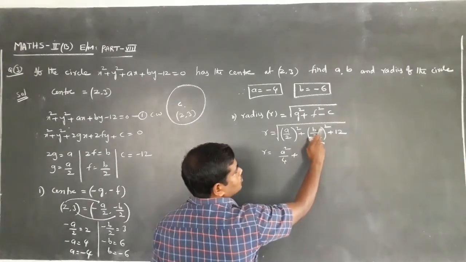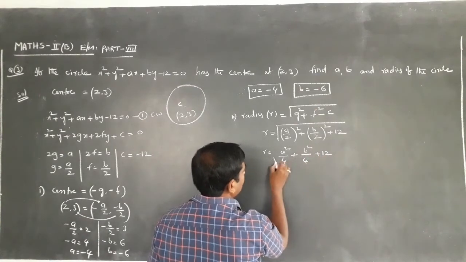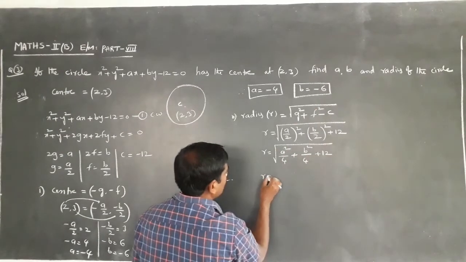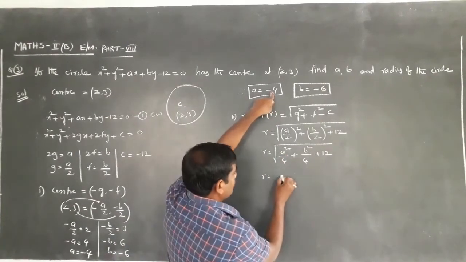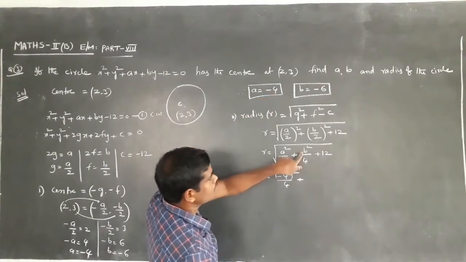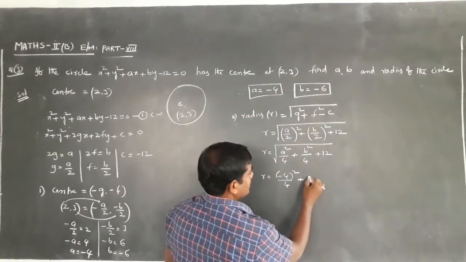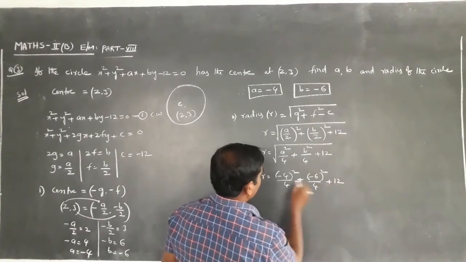So r is equal to under root of a square by 4 plus b square by 4 plus 12. Substituting a equal to minus 4, minus 4 whole square by 4, plus b equal to minus 6, minus 6 whole square by 4, plus 12.